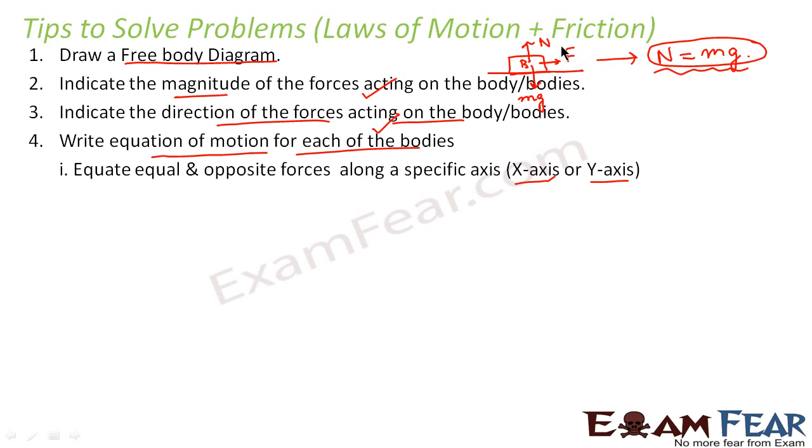We cannot equate this force with normal because it is acting along the x-axis. So we can only equate the forces along one particular axis. If we are talking of the x-axis, we can equate all the forces acting along the x-axis. Similarly, if we are talking of the y-axis, we can only deal with all the forces acting along the y-axis.